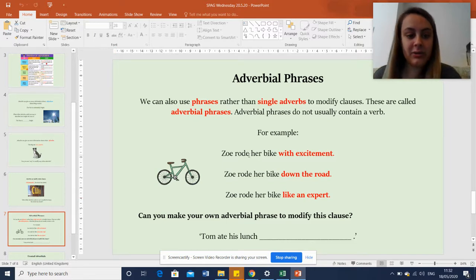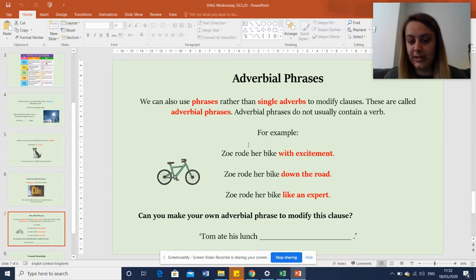So you've got adverbial phrases as well, and those are phrases rather than single adverbs. We can use phrases rather than single adverbs, and these are called adverbial phrases, and they don't usually contain a verb. So, Zoe rode her bike with excitement. Zoe rode her bike down the road. Zoe rode her bike like an expert.